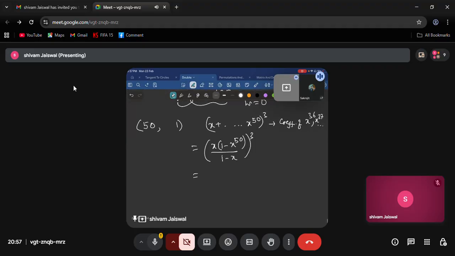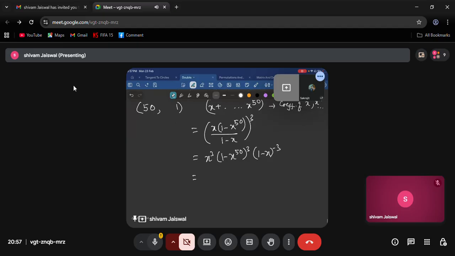So this will be equal to x cube into (1 minus x to the power 50) whole cube into (1 minus x) whole to the power minus 3. Okay. So over here, this will become x cube into (1 minus 3x to the power 50 plus 3x to the power 100).